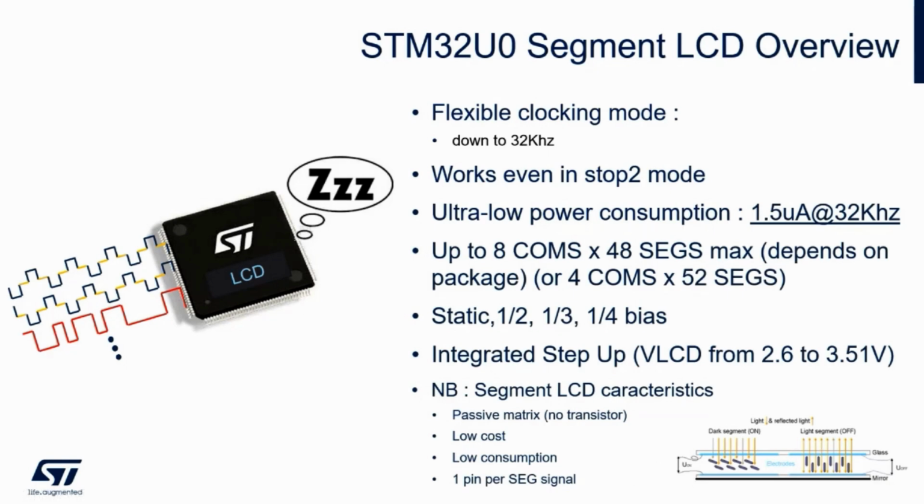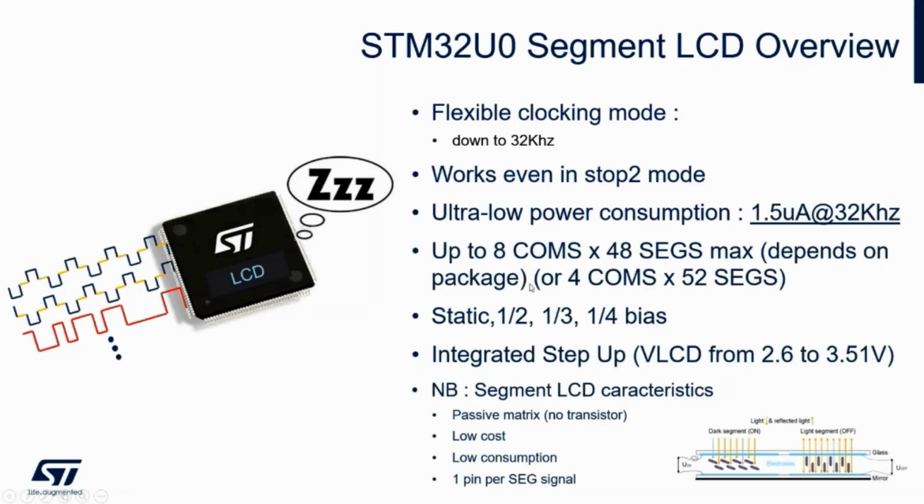The characteristic of this technology is that it's a passive matrix, so there is absolutely no transistor at all. It's low cost, low consumption, and what you need to know is that you need 1 pin per segment signal. I let you double check what it means when you have 8 COM or 4 COM or 1 COM.